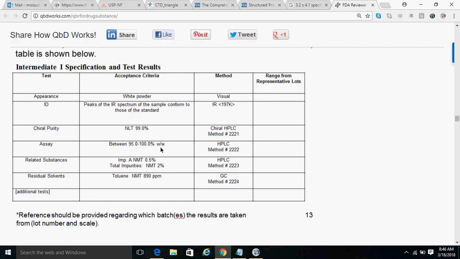Instead of writing 95.0, small minute mistakes, for example, impurities not more than 0.5. Total impurity should be not more than 2%. So while typing or while copying from the DMF, there are more chances that typo mistakes are possible. So this is what we do, what tests have to be performed on your drug substance.